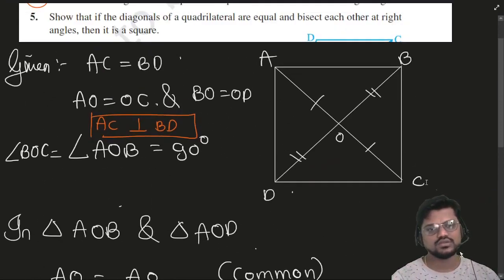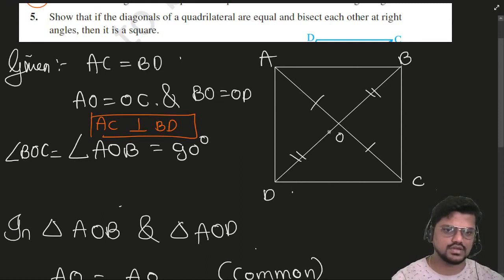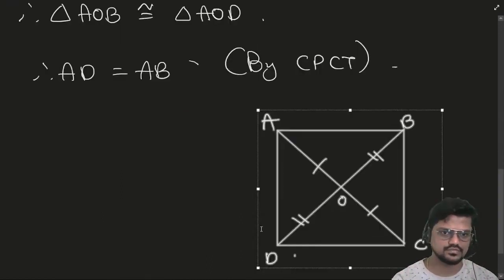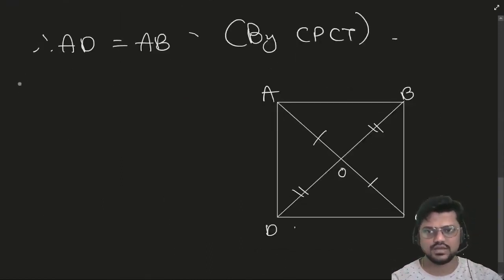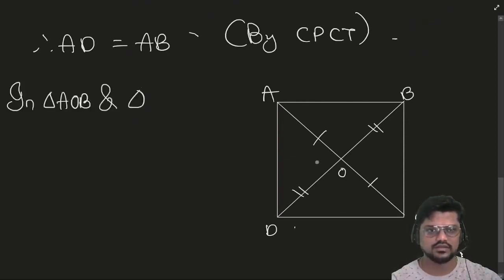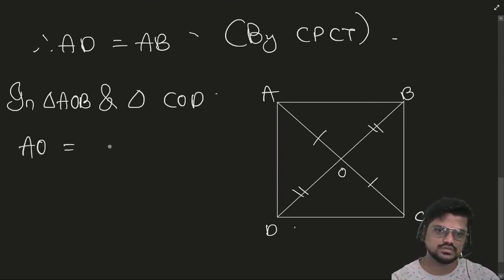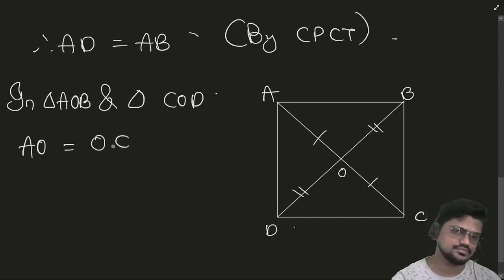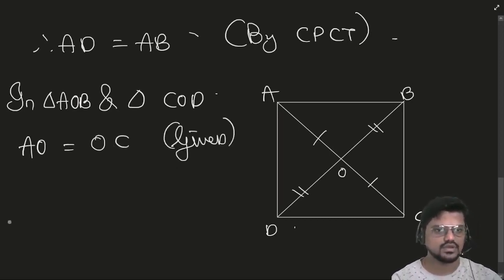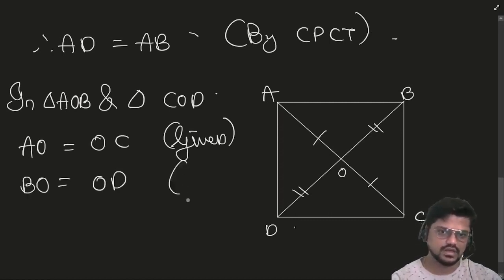Okay. Now the next thing which you can take is triangle AOB and triangle DOC. Triangle AOB and triangle COD. What do you have? AO equals OC, given. Again, BO equals OD, again given.